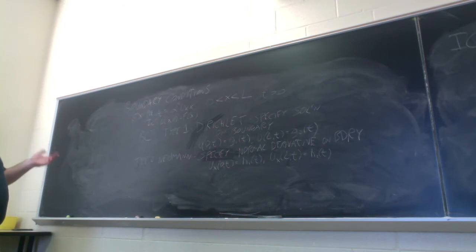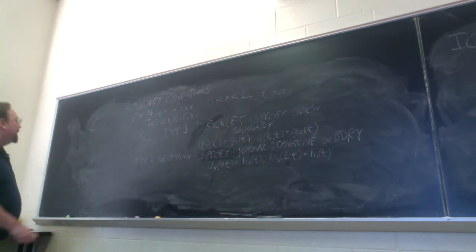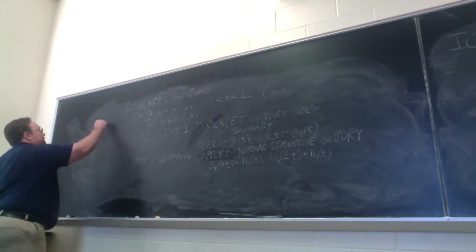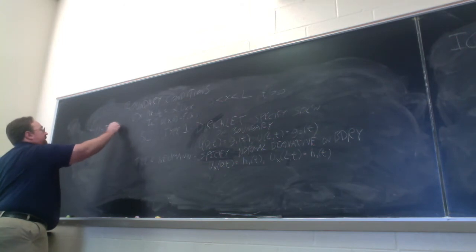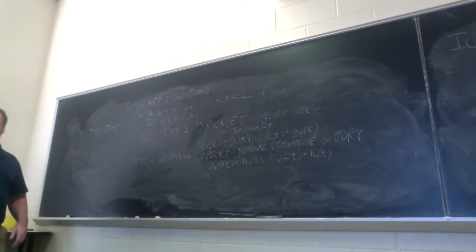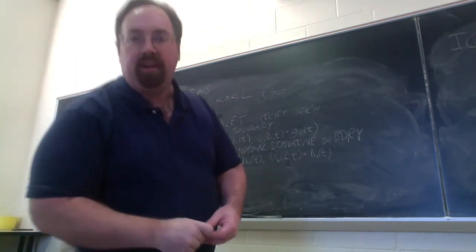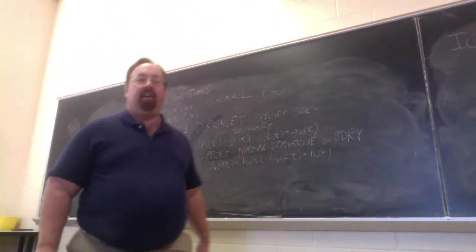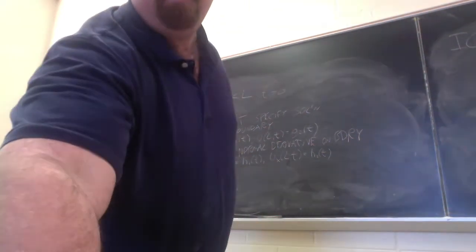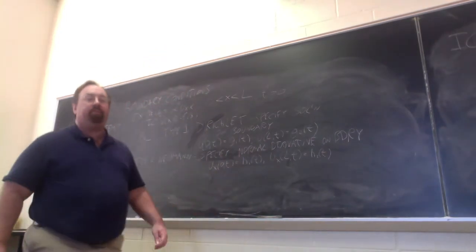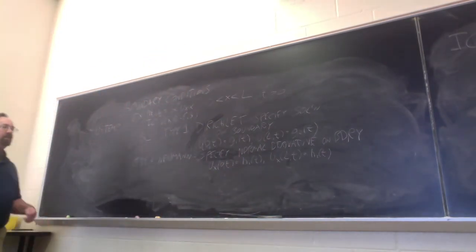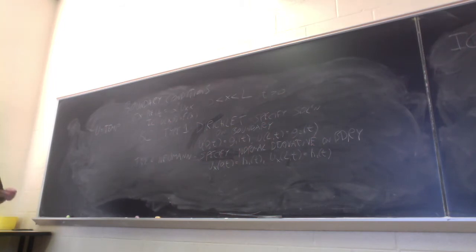So for a heat equation, u is equal to the temperature. So for Dirichlet boundary conditions, you're stipulating that the temperature is equal to a certain value on the boundary.